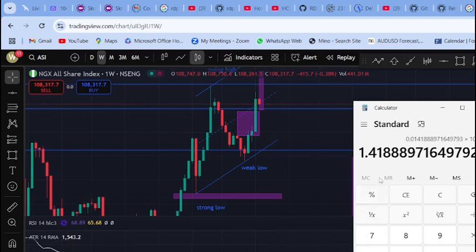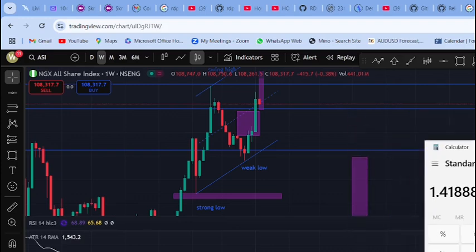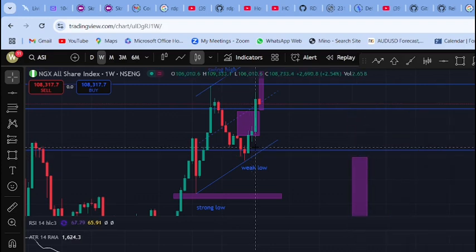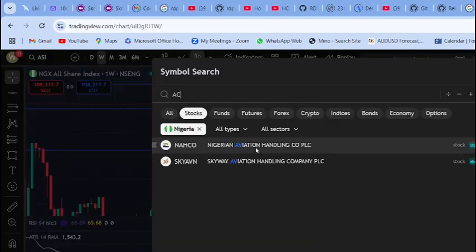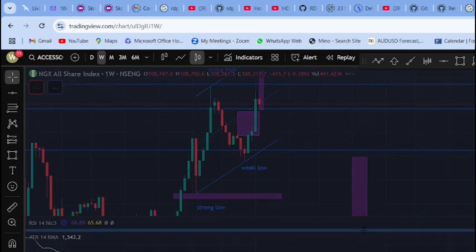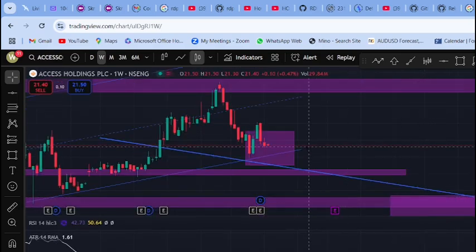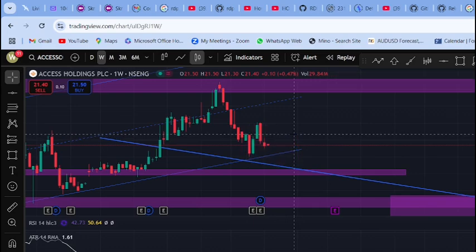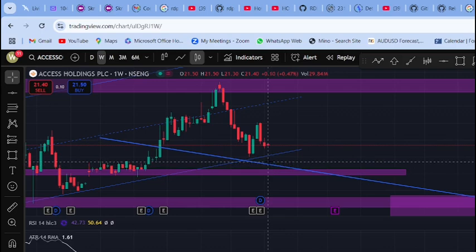Let's now take an example. I'm going to take maybe 2. Okay, let me look at Access. Let's see what is happening to Access. Let me delete all this because I'm using this to track my entry. For Access this week, what am I expecting Access to do?